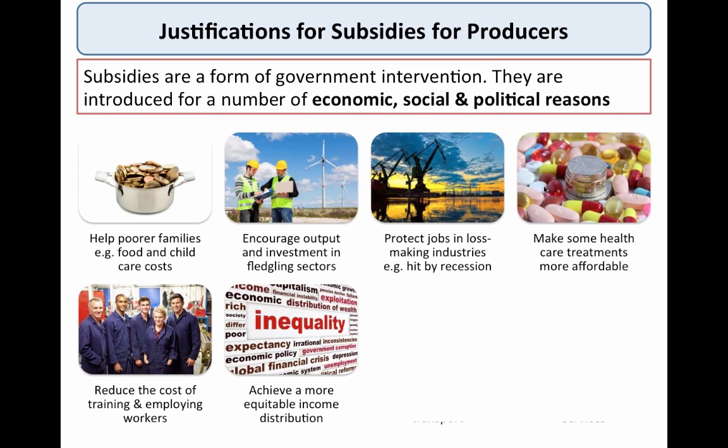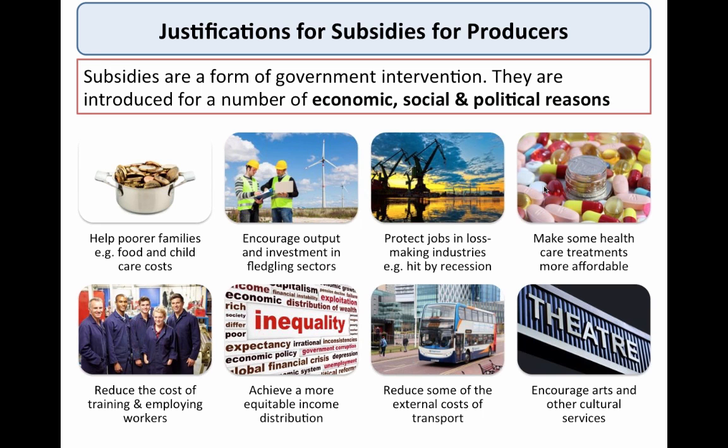And that leads me on to equity. Oftentimes subsidies are introduced because the government wants to improve affordability and access to key public services for people on below average incomes. And other reasons may be that the government thinks that, for example, bus travel is going to reduce emissions more than, for example, reducing car use. They want to bring down some of the external costs of transport.